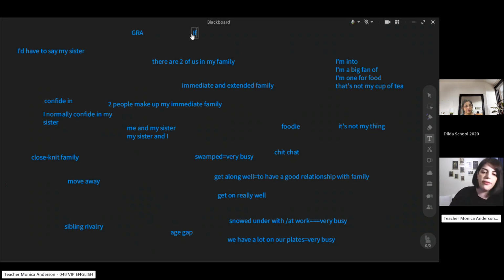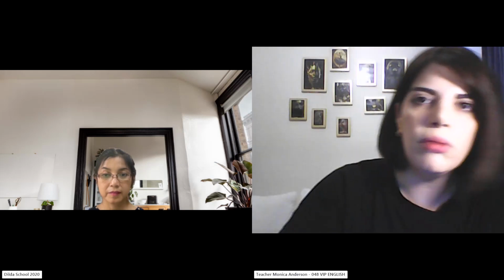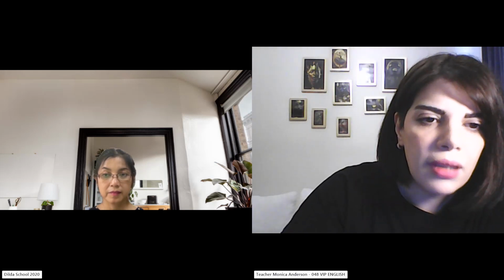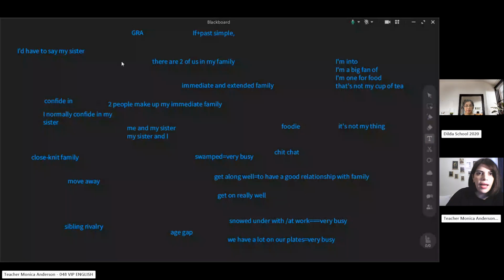That is if plus past simple, and the second part after the comma is would plus the base form of the verb, the infinitive without to.